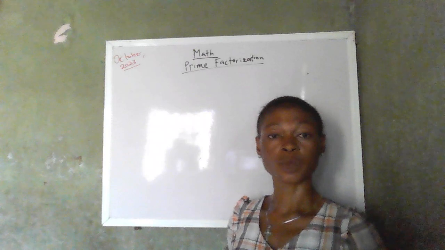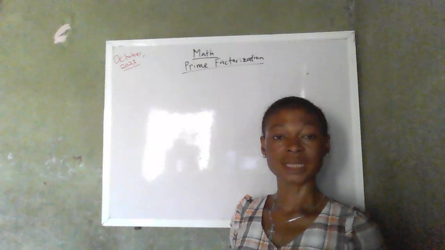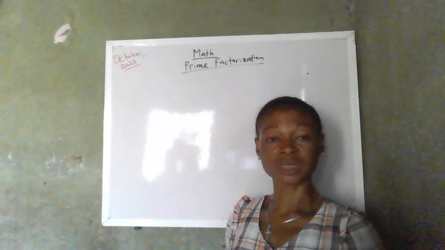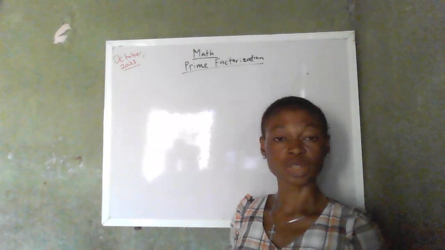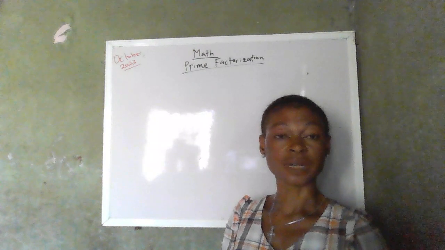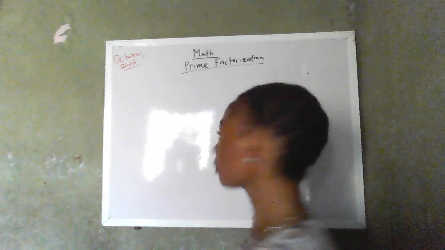Let's say we are to express 36 as a product of its prime factors in index form using the multiplication method. First, let's find the factors of 36.